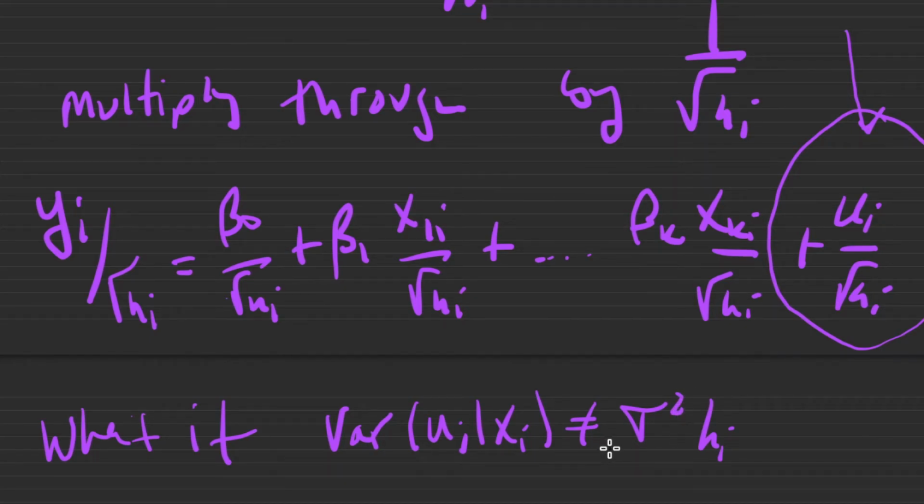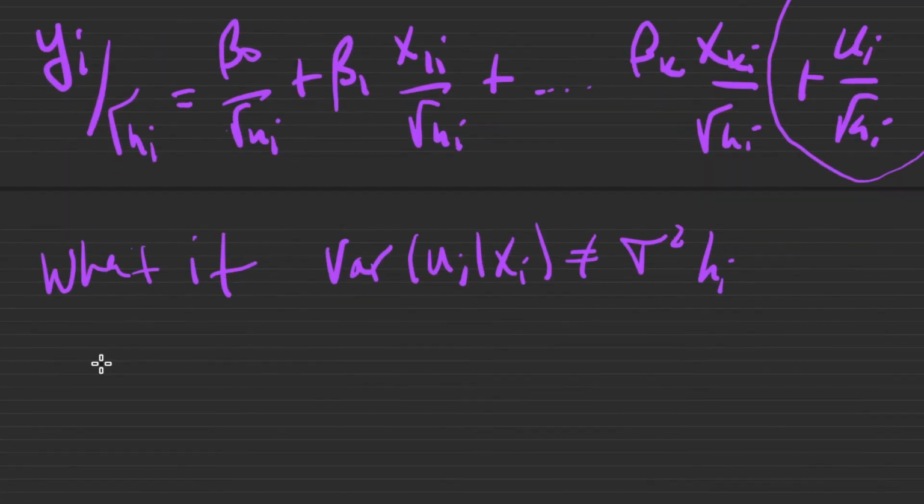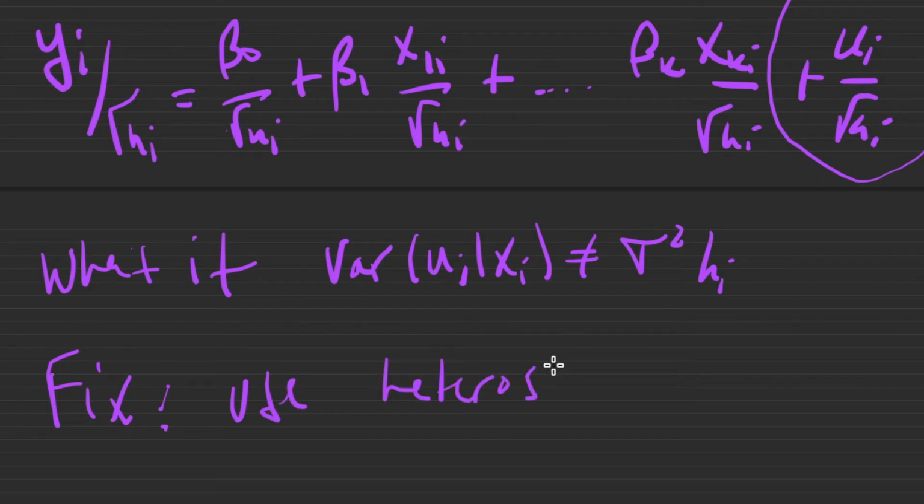So we still have heteroscedasticity in our equation. So what can we do? Our fix is quite simple. We can use heteroscedasticity robust standard errors.